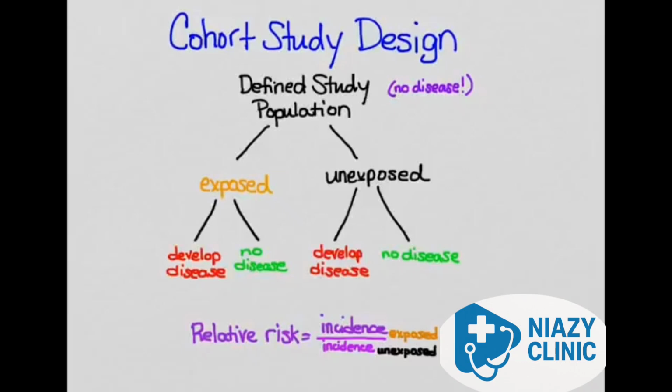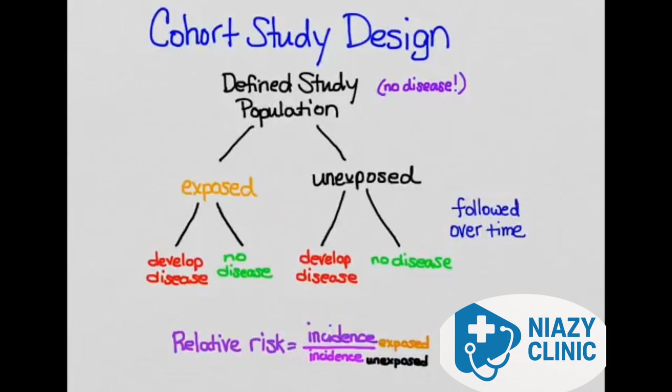Usually a cohort study takes place over a certain amount of time, unlike a cross-sectional study, which has a similar design, but the cross-sectional study is just one single point in time. So the following over time between exposure and development of the disease is the key characteristic of the cohort study.